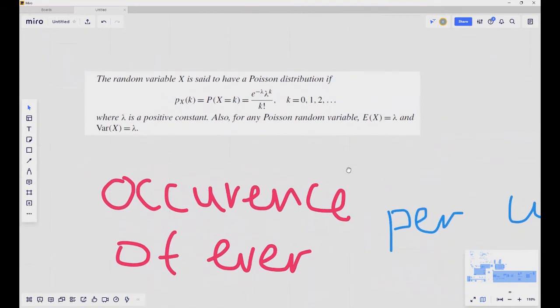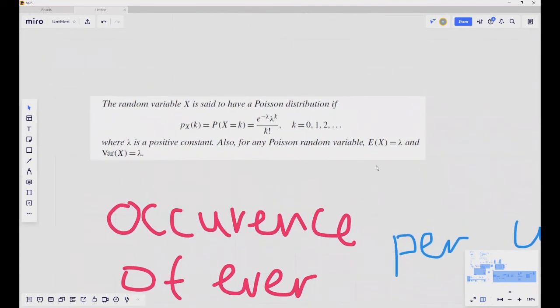Now let's take a look at a couple of examples. Also, the expected value of a Poisson random variable is equal to lambda, and the variance is also equal to lambda. The derivation of these is rather straightforward, and I will upload this to Moodle.